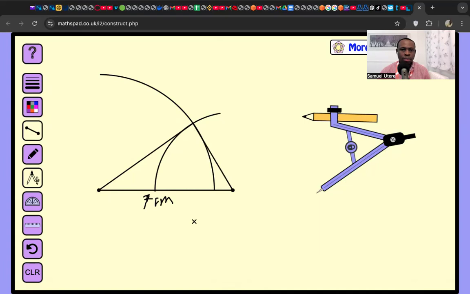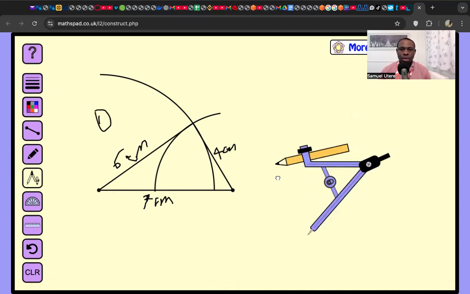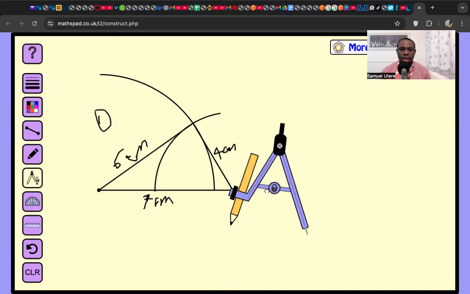The next thing we'll do is we label the sides. So that's 6. And that's 4 centimeter. So this was for question 1. For question 2, we were asked to draw an equilateral triangle with each of the sides being 5 centimeter. So what we'll do is we'll take our ruler again.